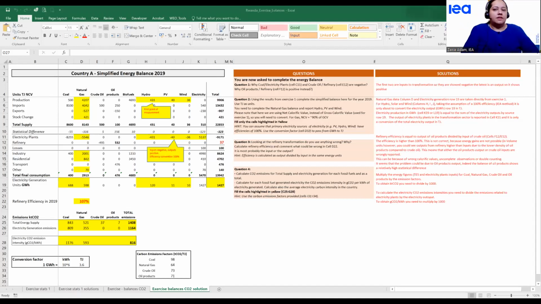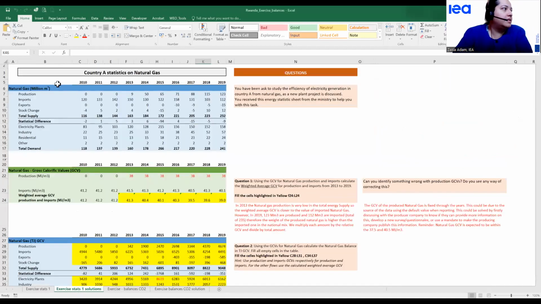So this exercise is the continuity of the exercise that we did yesterday on commodity statistics. If you remember, yesterday we had natural gas in million cubic meters, the commodity statistics.